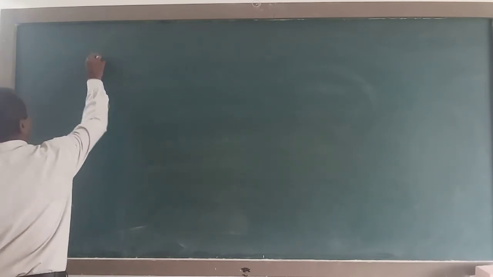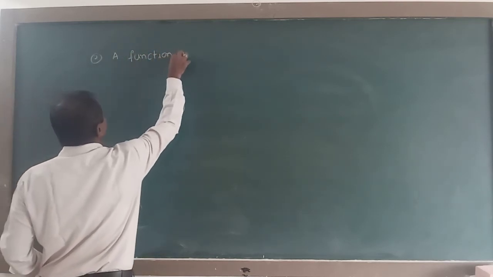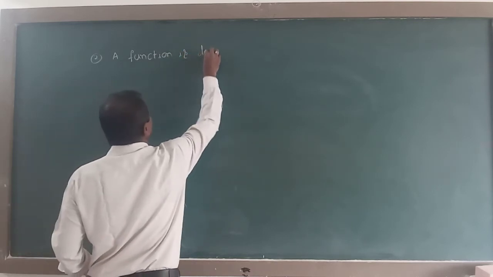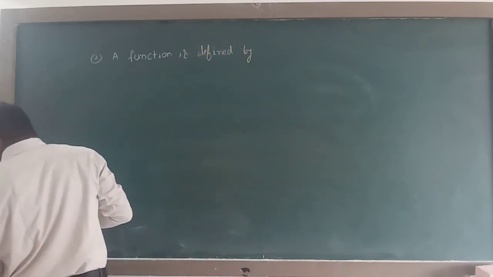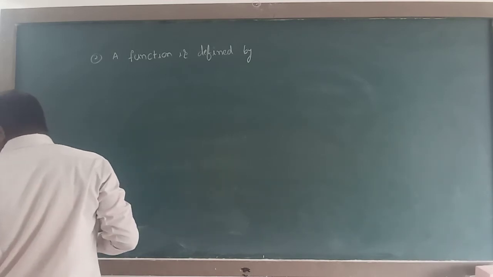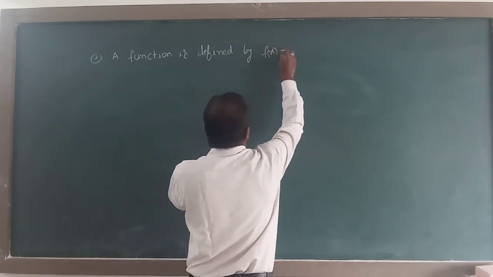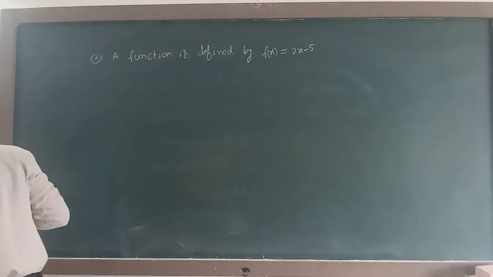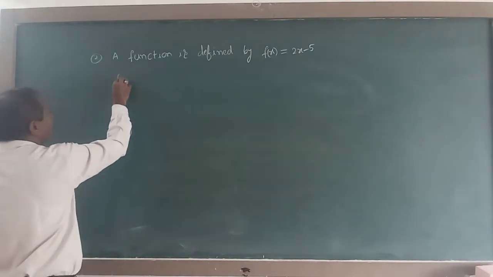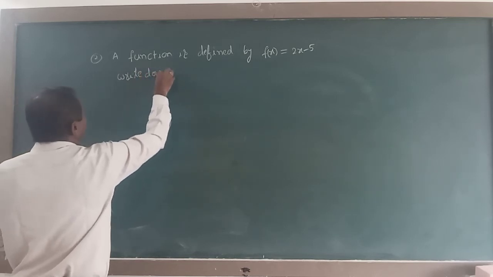A function f is defined by f of x equal to 2x minus 5.